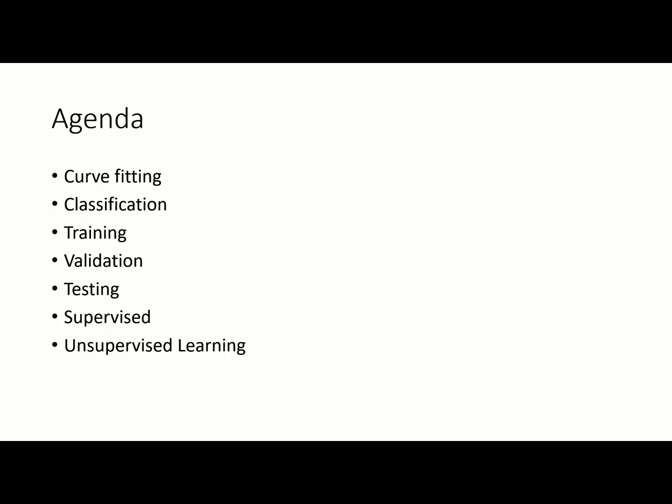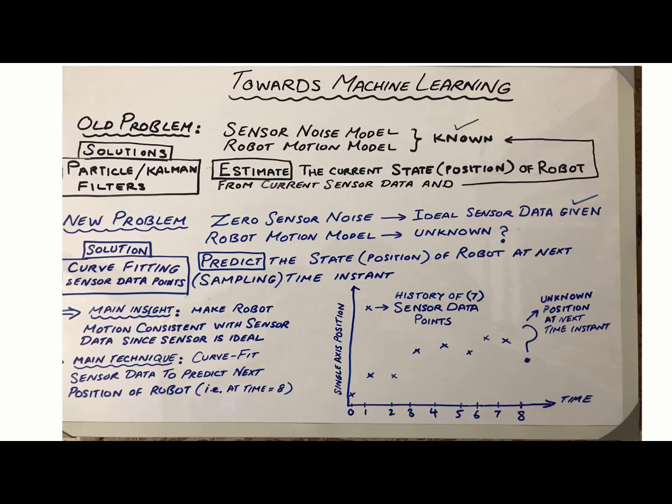And we're going to conclude with some examples of supervised and unsupervised learning. So let us start with our favorite problem, which is the robot tracking problem. What we are given is the sensor noise model and the robot motion model, and you know well that those are given or specified in the form of probabilities, conditional probabilities.